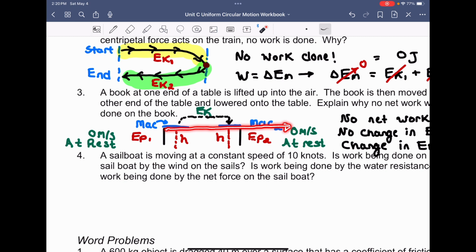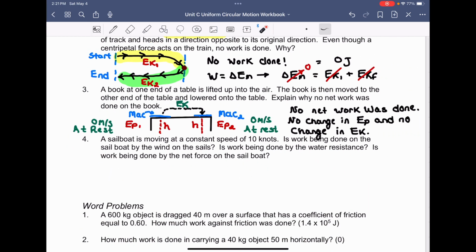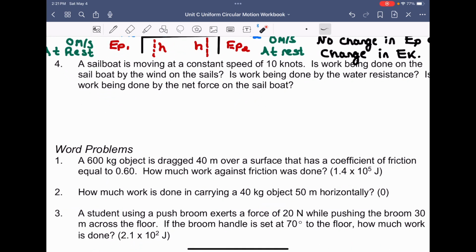And namely, in the case of this one, if it stays at the same height, we would say it's only kinetic energy done. But in the case of this one, kinetic and potential energies, neither one was changed or altered. Both of them returned to their original state, which was some sort of potential, but no kinetic energy. Okay, now we go on to our last theoretical question, which is a sailboat is moving at a constant speed.